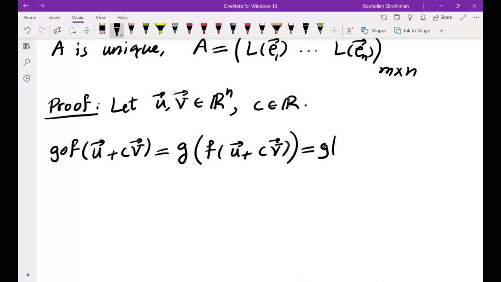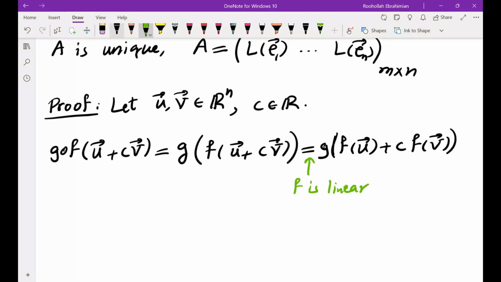Now, I'm going to write down the inside using linearity of f. That would be f of u plus c f of v, and the reason for that is f is linear. Now I'm going to use the fact that g is linear. So that becomes g of f of u plus c g of f of v.